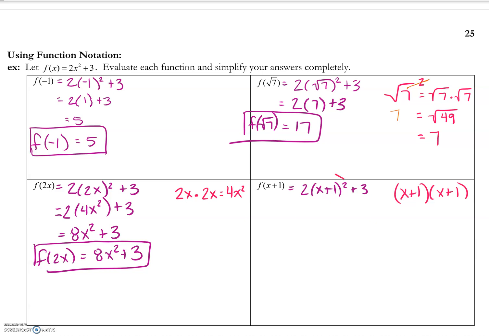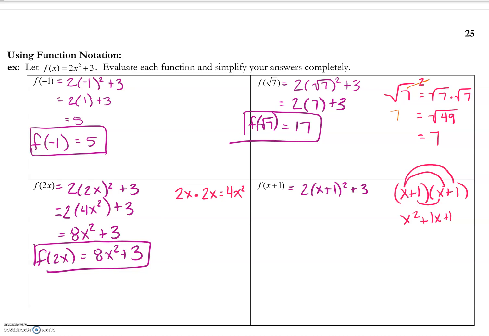I never want to see you just distribute that squared to the inside of the parentheses when we see a plus or minus separating terms. We have to multiply x plus 1 by itself. So this is a good review from Algebra 1 where we distribute. I want to multiply first x times x to give me x squared. x times 1 will give me 1x. Then I move on to this 1.